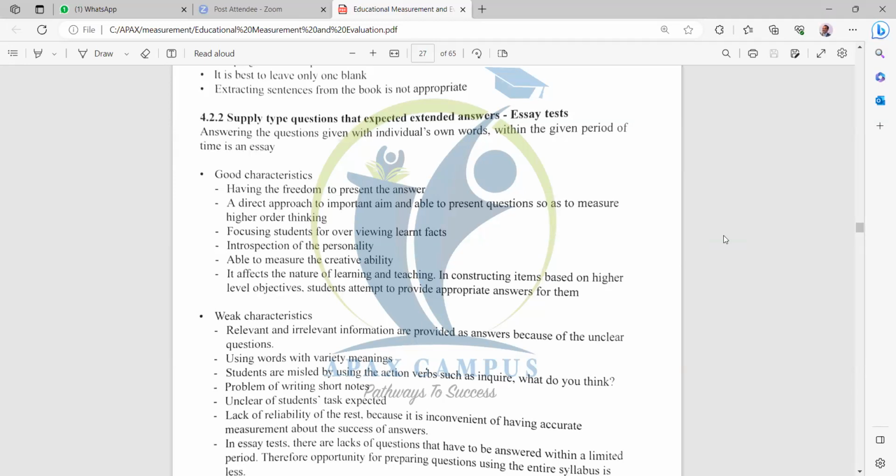A direct approach to important aims and able to present questions so as to measure higher order thinking. That's one of the most important things, right? So the higher order thinking skills, the higher order mental abilities, usually we can start with applying, right? Then we have analysis, right?